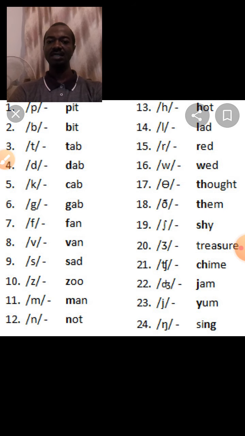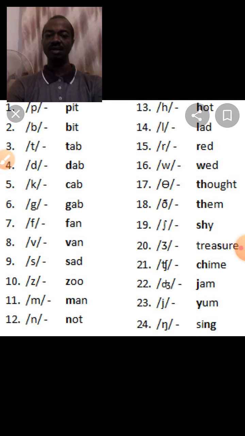Then you have the T, like you have in tab. Then you have the D, like you have in dab. Then you have the K, like you have in cab. Then we have the G, like you have in gab.